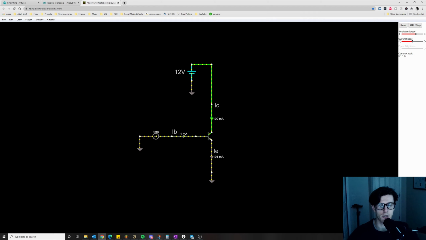Let's go even crazier and try 24 volts. I just doubled the voltage and nothing else changed. What really changed is the voltage drop VCE. Just understand that it is literally a current controlled current source. The current through here is always the same no matter what the voltage is.